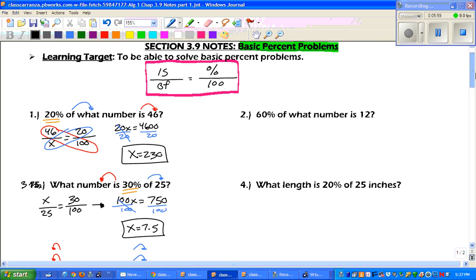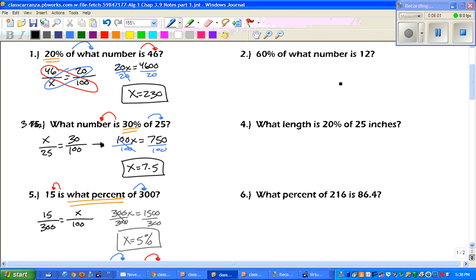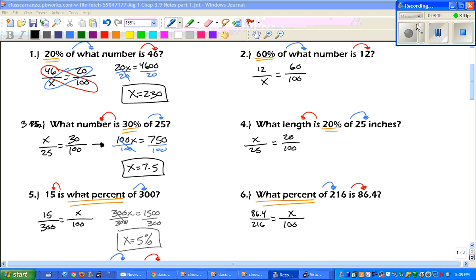What I'm going to ask you to do is go ahead and try to set up 2, 4, and 6. I'm going to pause the video and the answers will be up in just a second. Okay, and there are all the problems set up. From here you would need to do the cross multiplication and solve. For number 2 we were looking for the of.